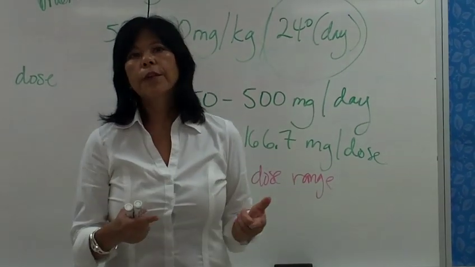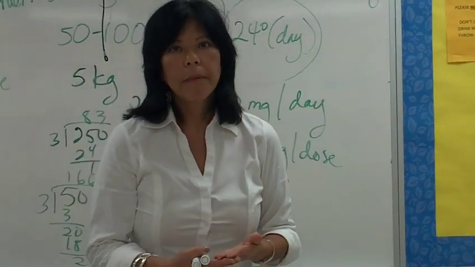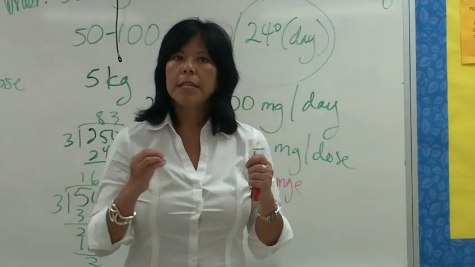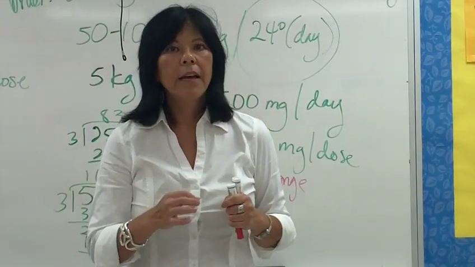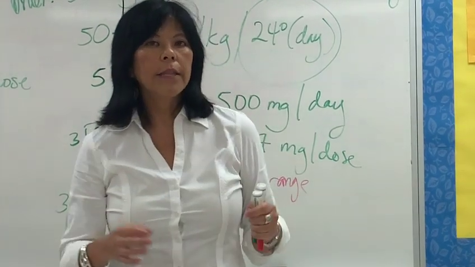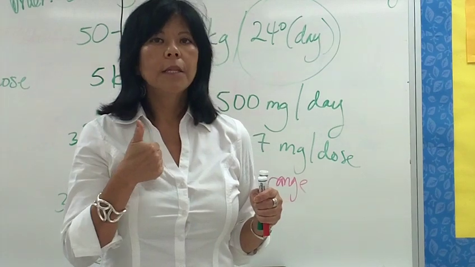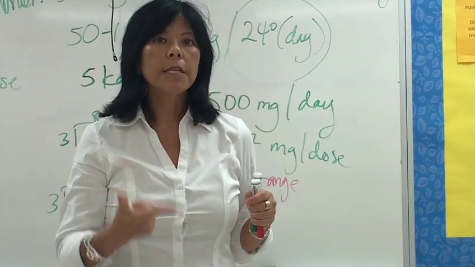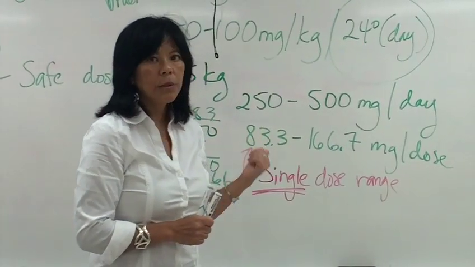And the only reason for that is that we all come up with the same answer on the exam. In real life, it may not make that much of a difference, but for testing purposes only, you need to round up to the nearest tenth. That way I know that we all get the same answer. So number 1, round your kilograms to the nearest tenth, and then you round your final answer to the nearest tenth. Okay? So that's calculating safe dose ranges in children.